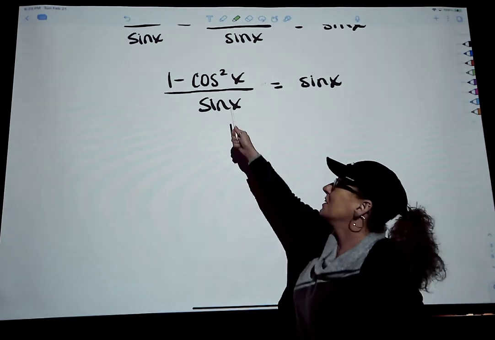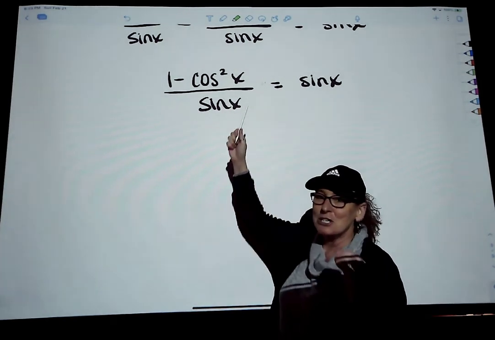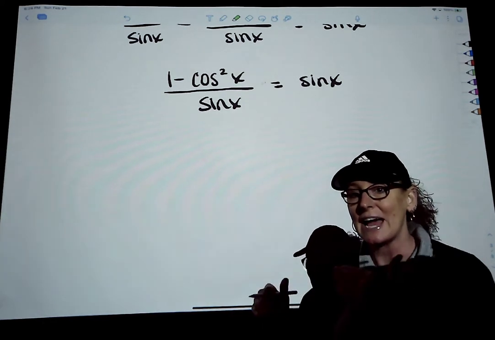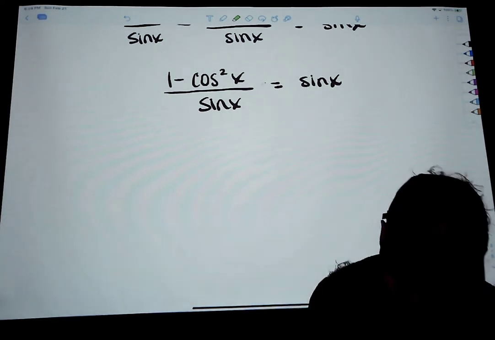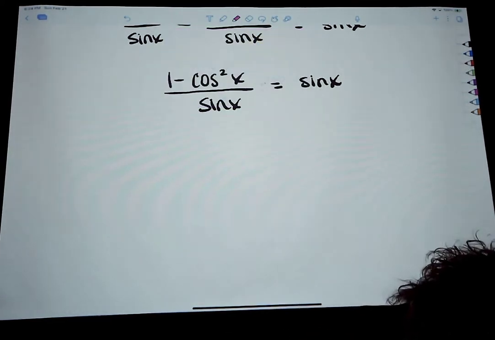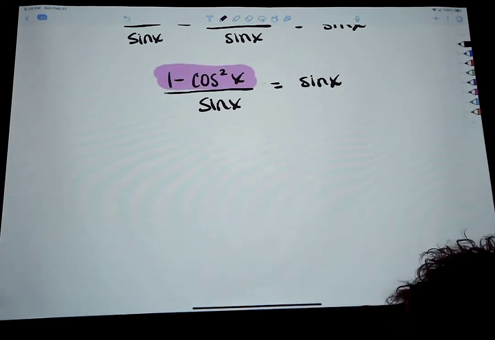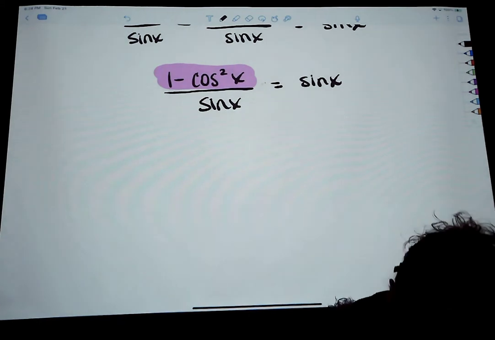All right, this should look familiar to you. We just made this substitution. You should recognize it more quickly now than you did in the last problem. And that's what's going to happen. The more you do these, the more quickly you're going to recognize all these substitutions that you can make.